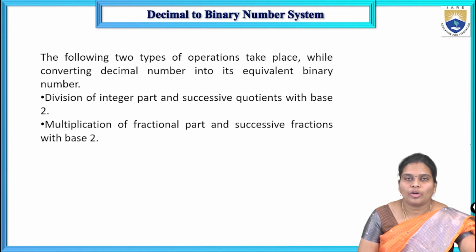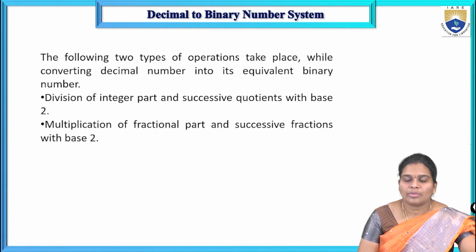Now we want to divide the value with the base. The value is divided by the base value 2, and the remainder value is noted. Again we are dividing with the base value, and again we are writing the remainder value.